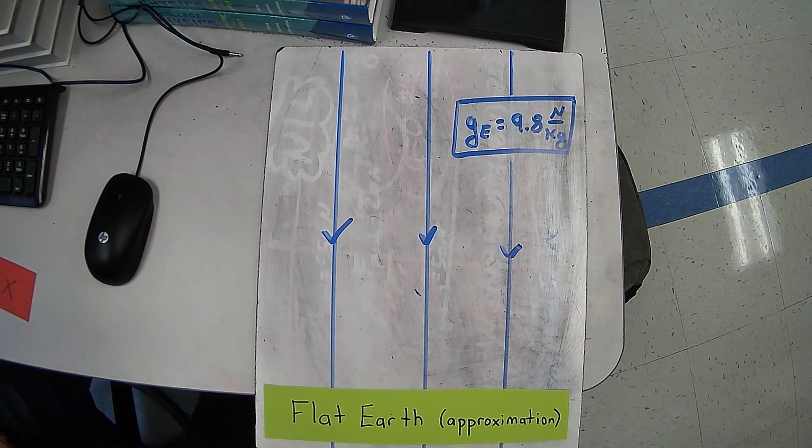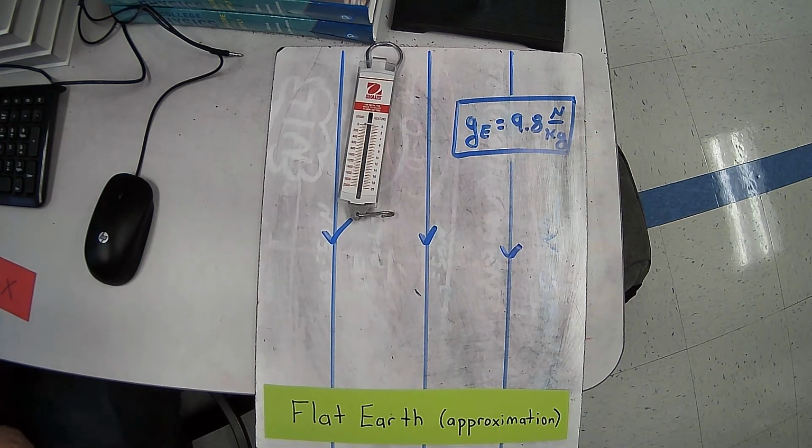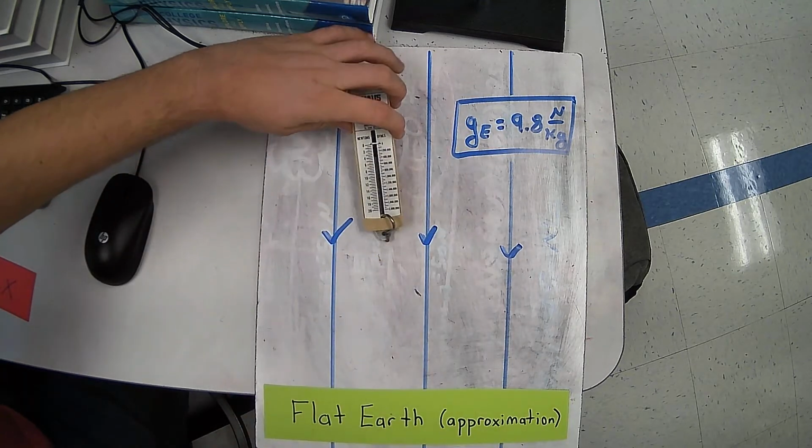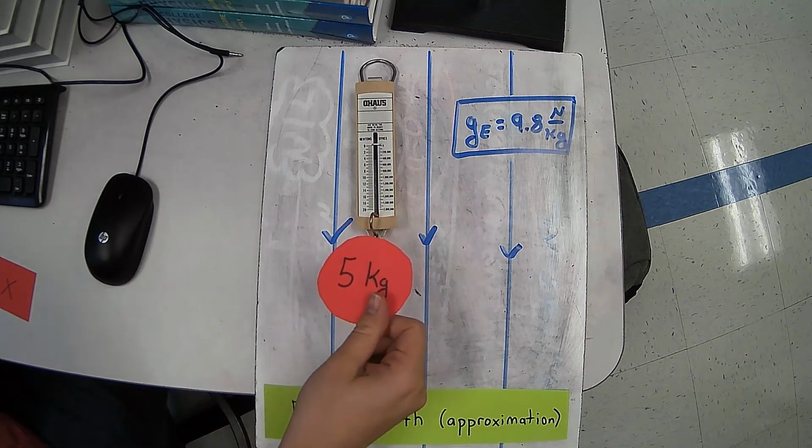One option is we can grab ourselves a spring scale. Let me grab the other one, actually. It'll have better contrast against the whiteboard. And we can grab ourselves a 5 kilogram object.